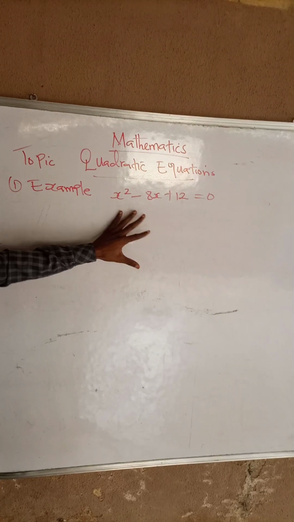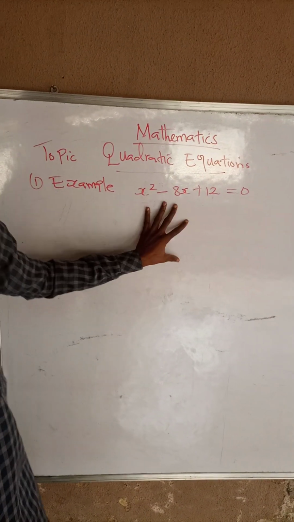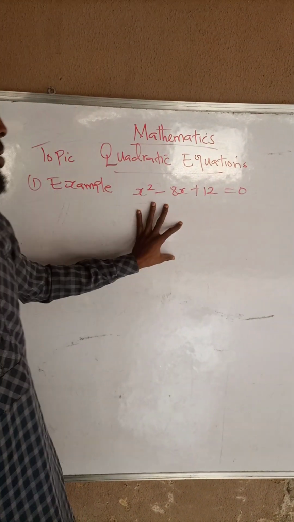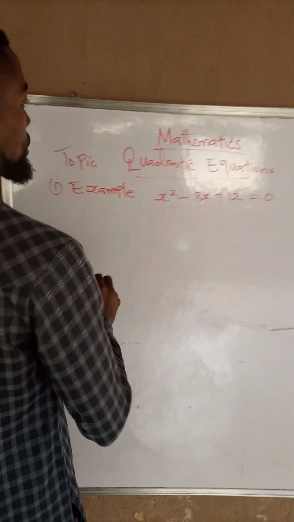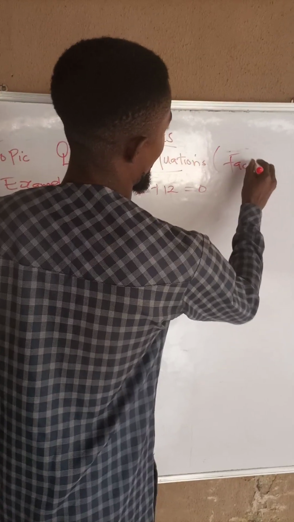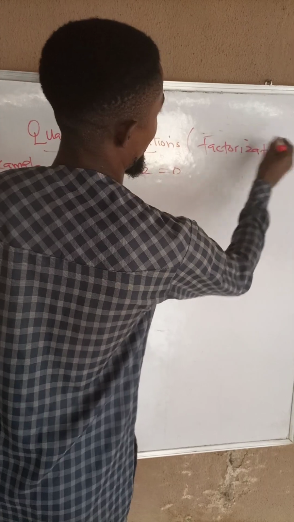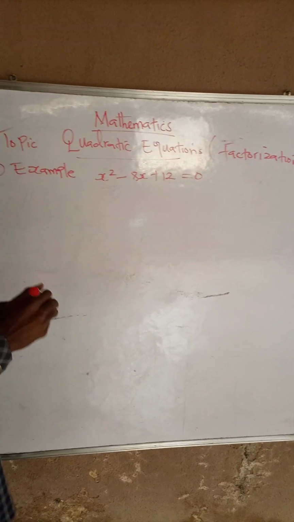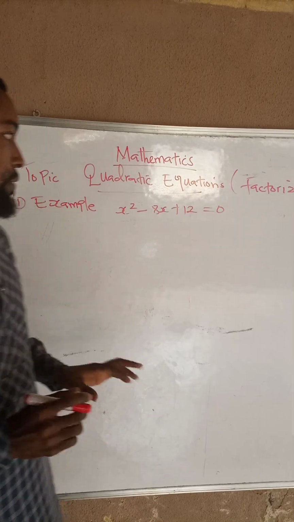So we are starting with quadratic equation, and we're going to use three methods. The first method we are starting with is factorization. Under the first example, we're using factorization first.